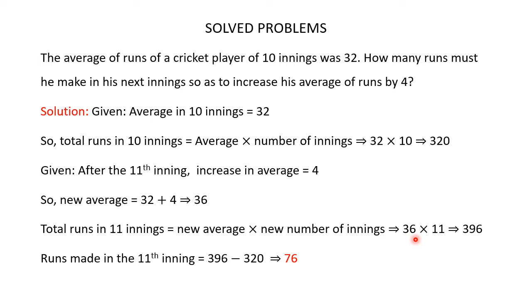That is 36 multiplied by 11, which is 396. So now we know that the total runs in 10 innings is 320. Total runs in 11 innings is 396. So the runs made in the 11th inning is 396 minus 320, which is 76. So the cricket player makes 76 runs in the 11th innings.